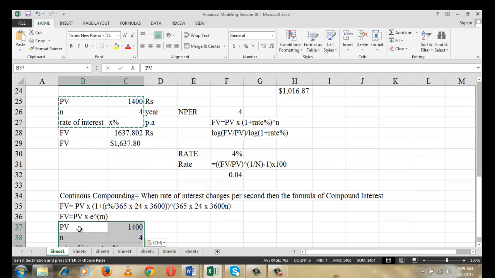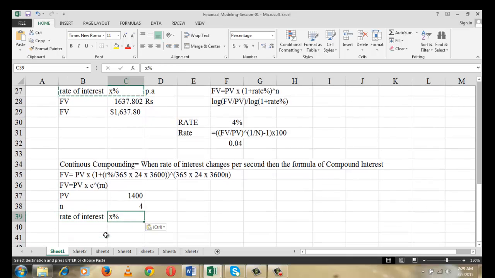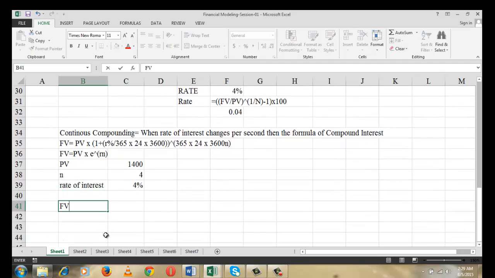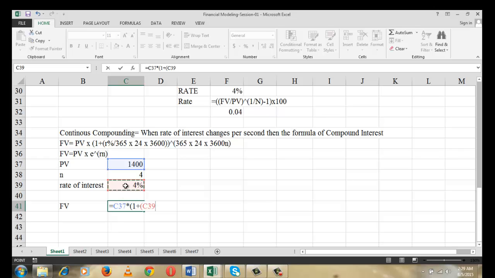If your rate of interest is 4%, and you want to determine the future value, so your future value would be 1400 into 1 plus rate of interest 4% divided by 365 into 24 into 3600, to the power 365 into 24 into 3600 into n, which is 4 years.